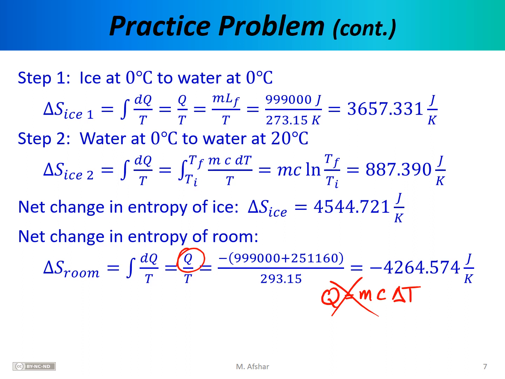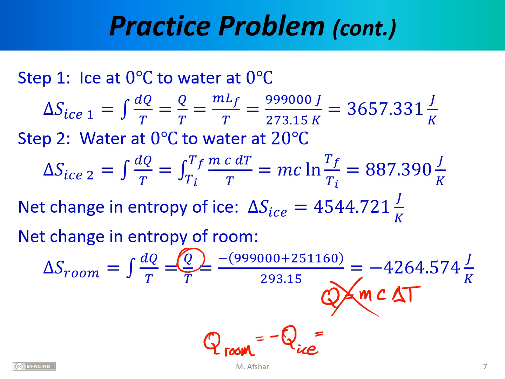A little more precisely, we can say Q of the room is equal to minus Q of the ice. If the ice gained, let's just say 10 joules of energy in the process of melting, those 10 joules must have come from the room or from its environment. So we can say that the room lost 10 joules of energy. We represent that by minus 10.